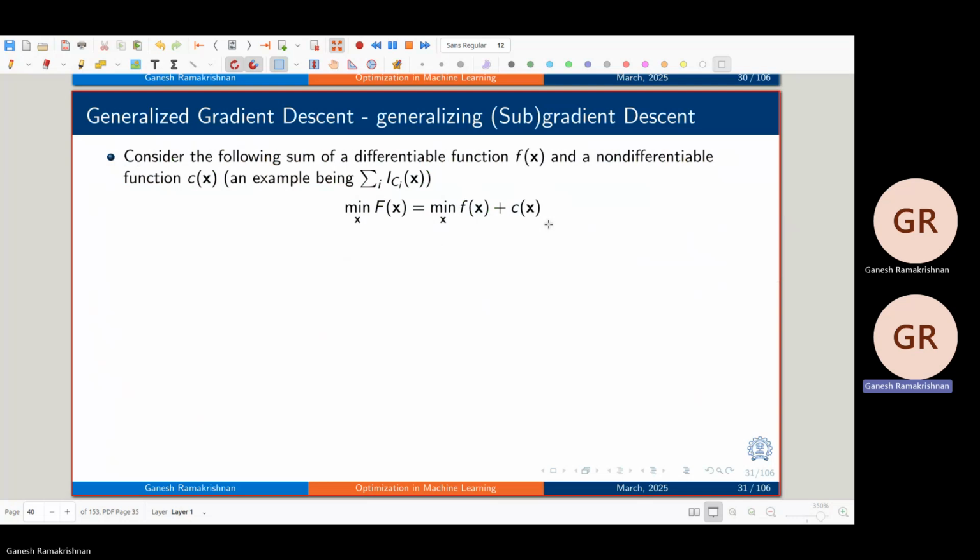So don't consider C initially. Find a vector which comes close enough to the gradient of F, but which also minimizes C. So think of it as an alternating process, but interestingly, this is the notion of generalized gradient descent, right? So we will do this after the next week.